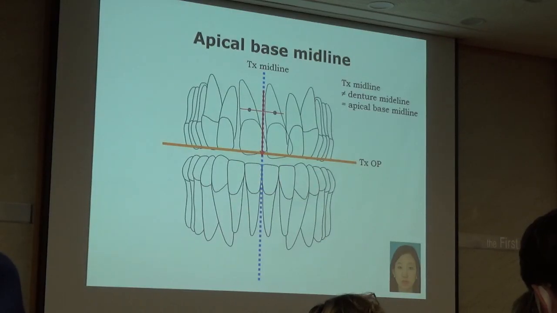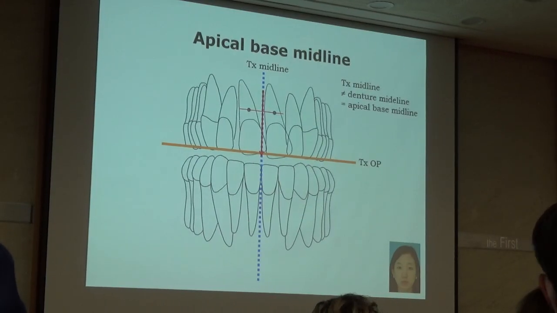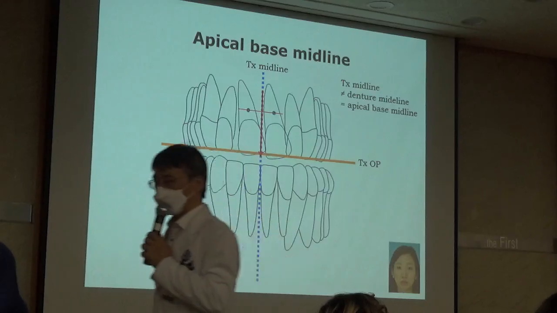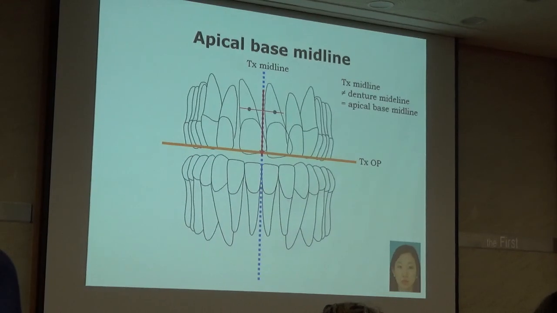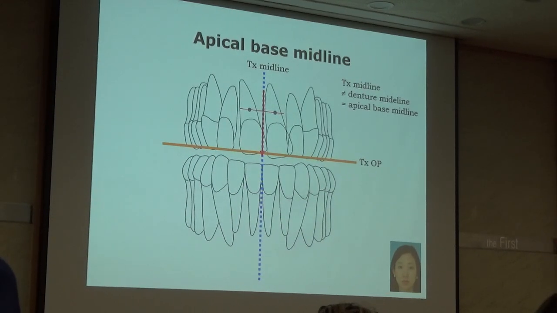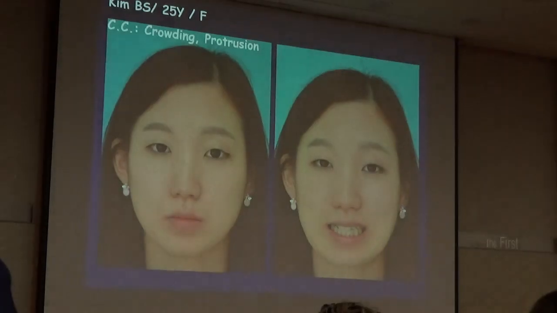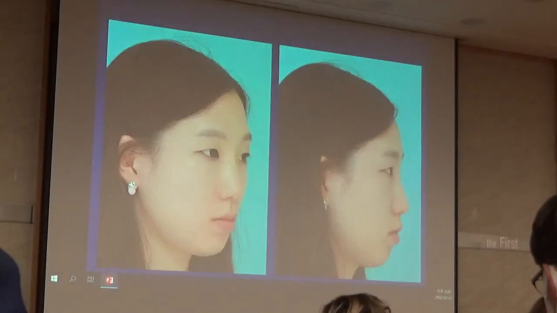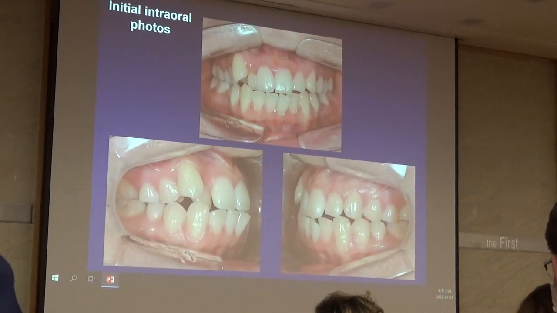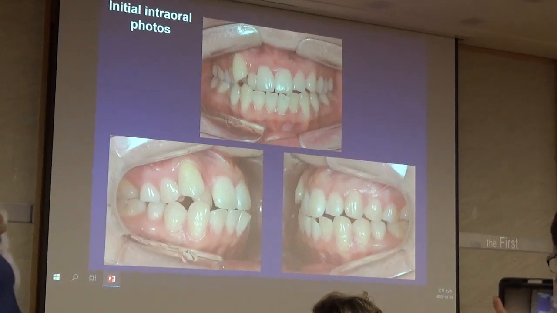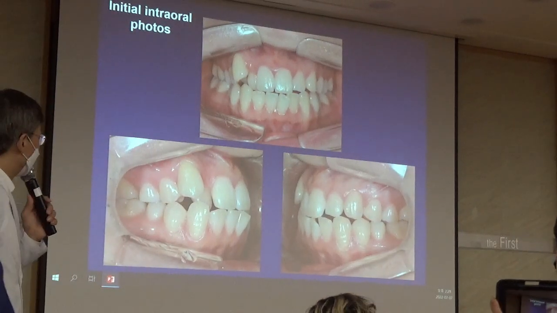Why? Exactly. Now she knows. I'm going to make it simple. She has midline deviation. Yes. How much? About 2.5 millimeters. Are you concerned?